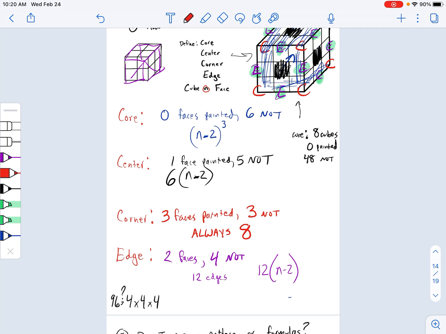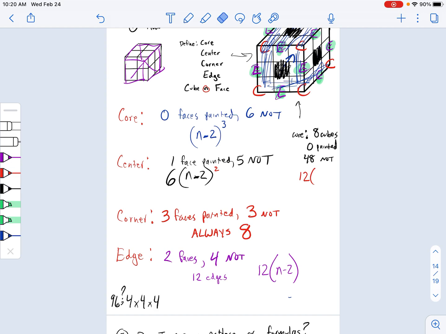For the center ones, I'll have 6 times 4 minus 2. So for the center ones, I'll have 12. Oh, don't I need a 2 squared here? Yeah, I do. Oops. Have you been waiting for me to figure that out? I'll have 12 times n minus 2. So in this case, it'd be 2, 4.